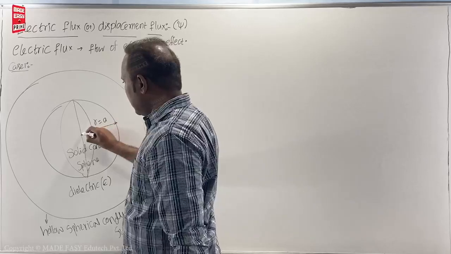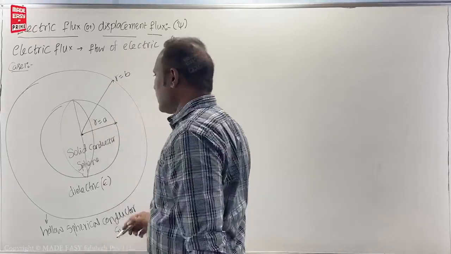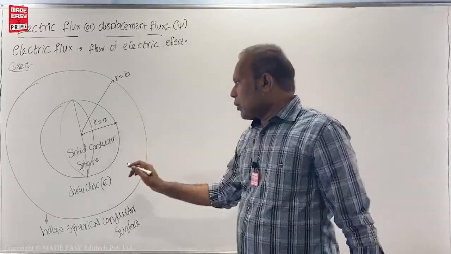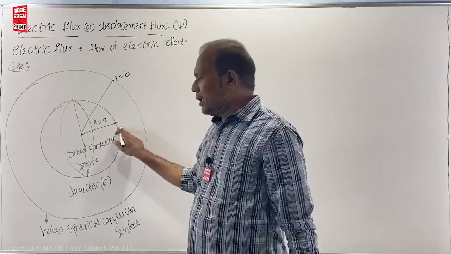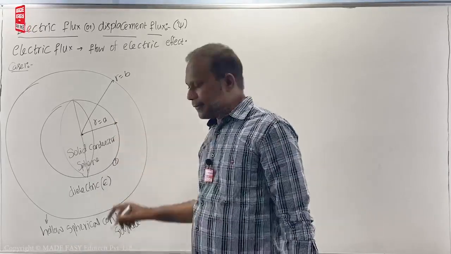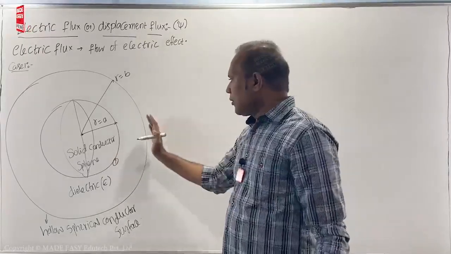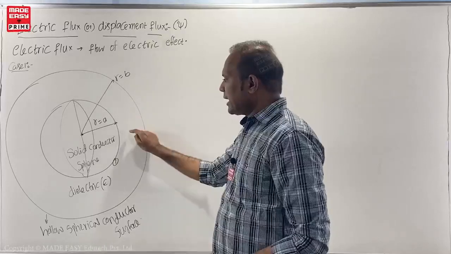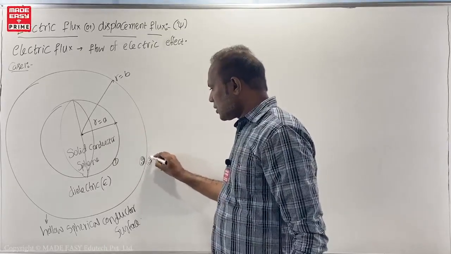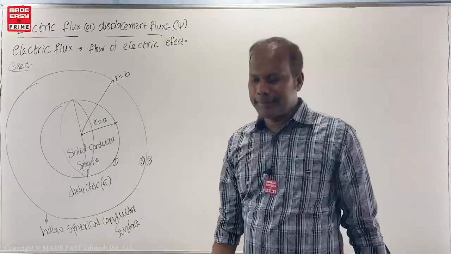Now let us say the radius of this is r is equal to b. Here one conductor surface is there, only one, because inside it is solid. Now it is like a football surface, inside empty, so this is one conductor surface inside, and outside also one conductor surface is there. Total how many conductor surfaces? 3.